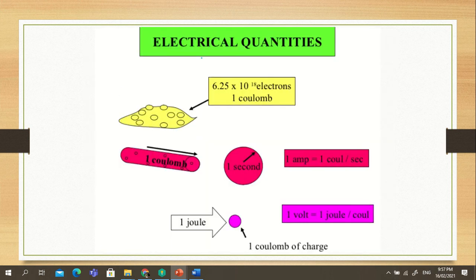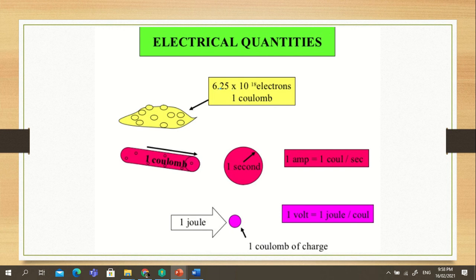All right, so we have here electrical quantities. 6.25 times 10 to the 18 electrons is equivalent to 1 coulomb. So remember this. And we know that 1 coulomb per second is what we call 1 ampere. So there are a lot of electrons, class. No? 1 coulomb contains a lot of electrons.